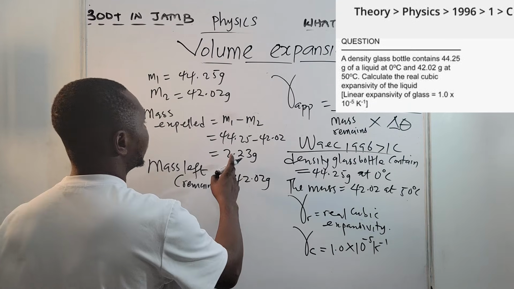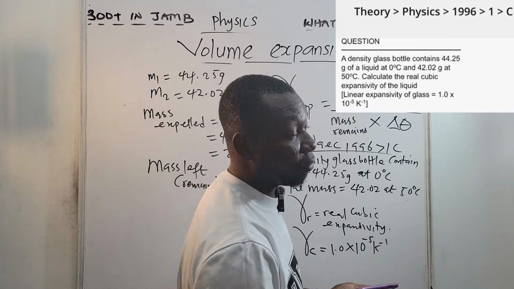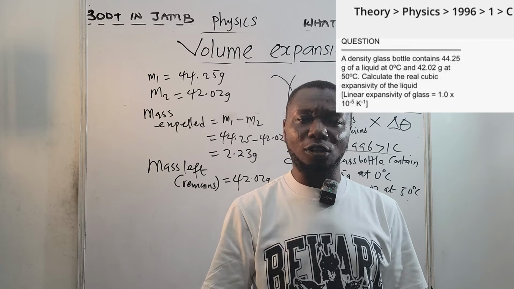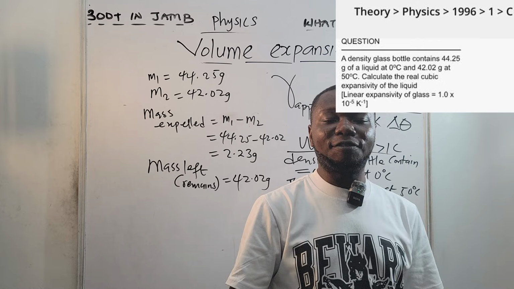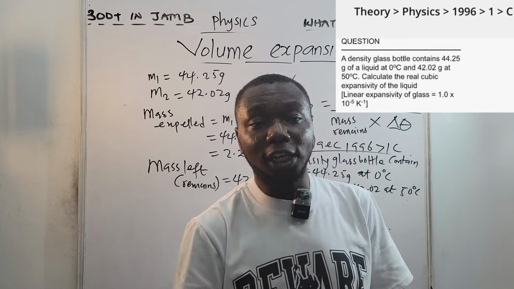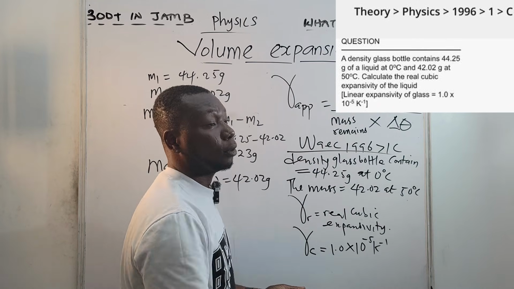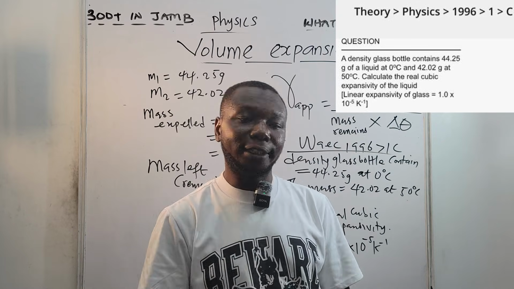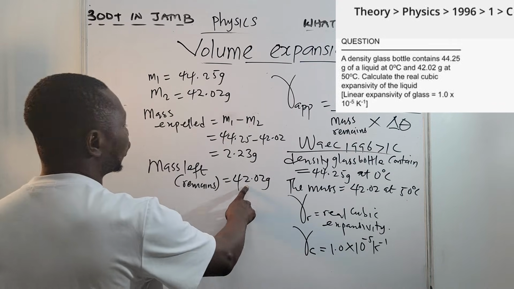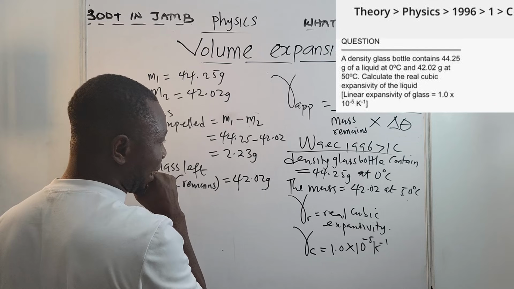So that means 2.23 grams have escaped to the surrounding as a result of diffusion. What makes the diffusion move very fast is temperature. So temperature is one factor that affects diffusion.